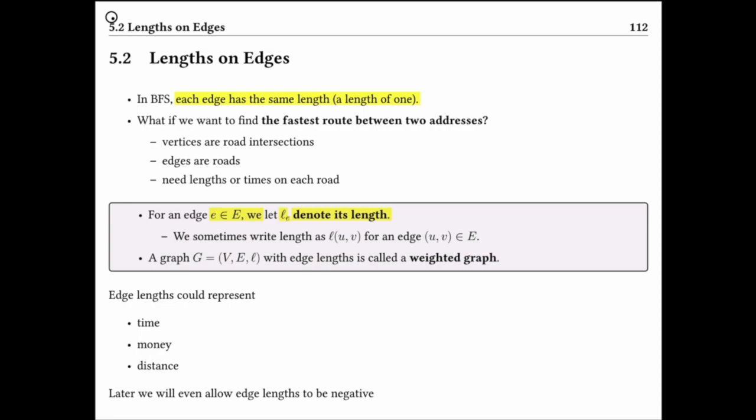We might sometimes just note it as a number on the edge, or we might say the length of UV, because remember, every edge can be defined as UV, two points where the pair is in the set of edges. So now a graph is not just the vertices and the edges, but also this lengths function attached to every edge.